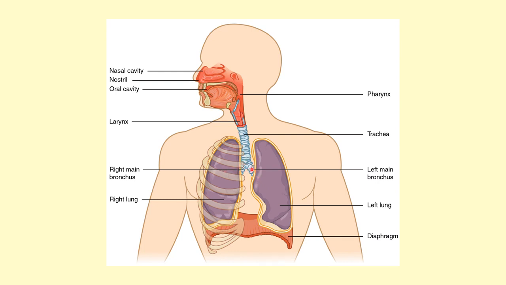Once it branches, it's called the primary bronchus, or bronchi, plural. As I said, you've got the right lung over here and the left lung over here. Notice this little notch here, that's to provide space for the heart, and the lungs sit just above the diaphragm.